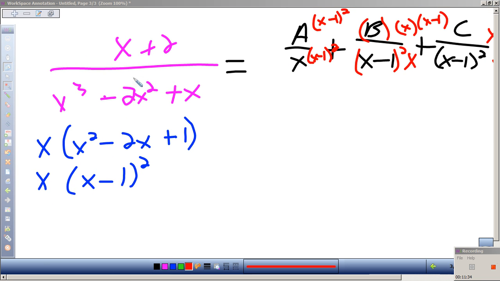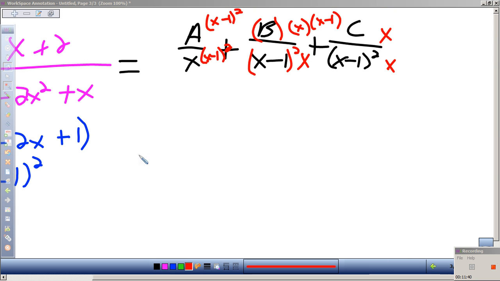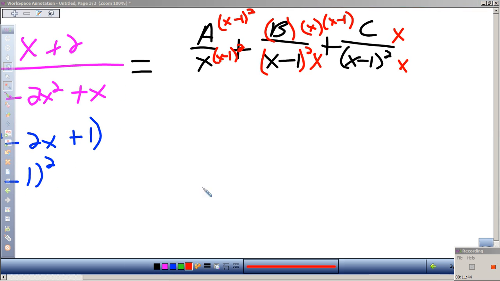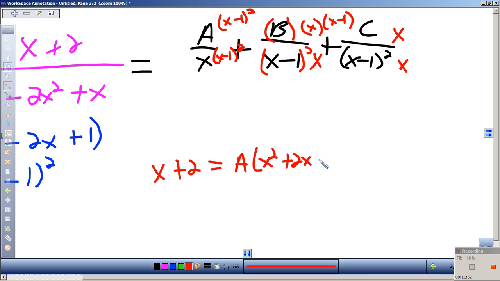We already had an x, but we need an x minus 1 squared with it. So then here, we have x plus 2 equals a times x squared minus 2x plus 1, plus b times x squared minus x, plus bx.